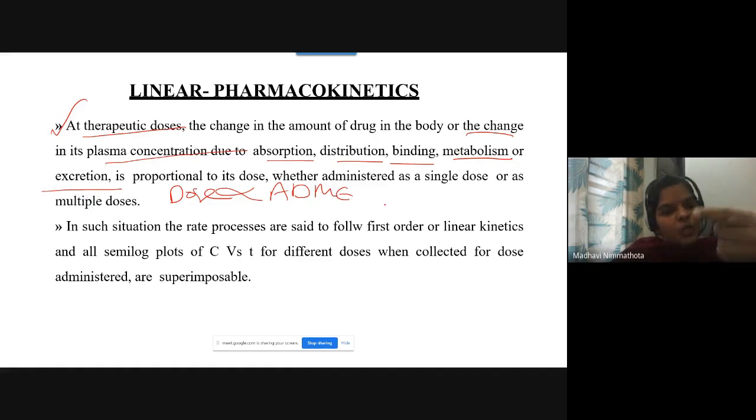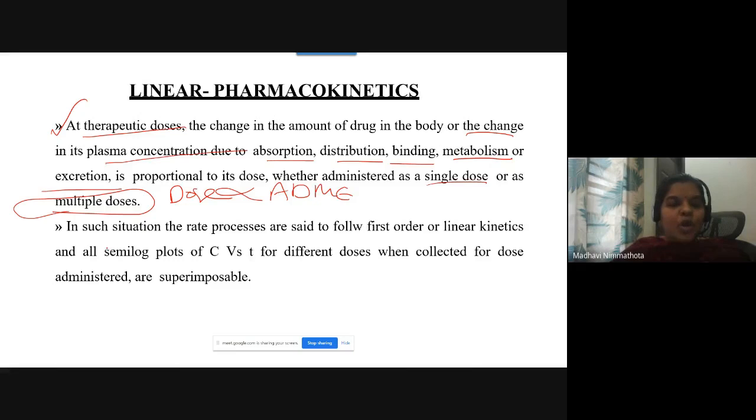When you administer the drug, it may be a single dose or multiple doses. That is not the consideration, but the dose is directly proportional to the mechanisms of the drug, particularly when it enters the body and exhibits these four mechanisms.